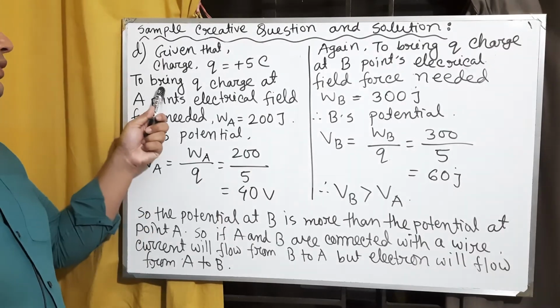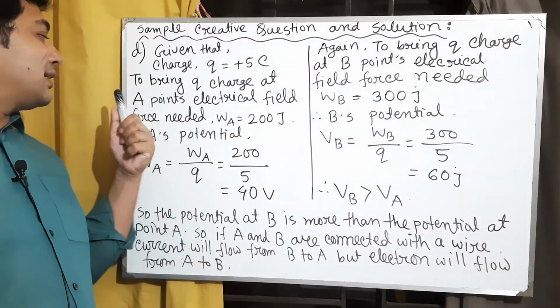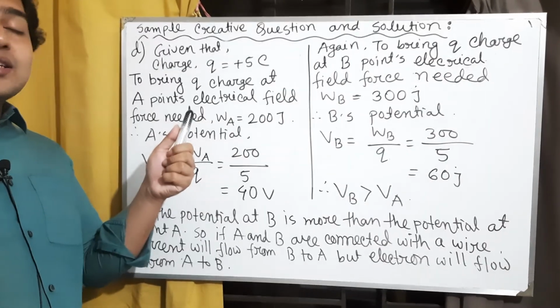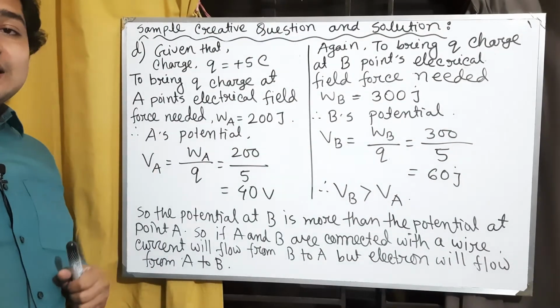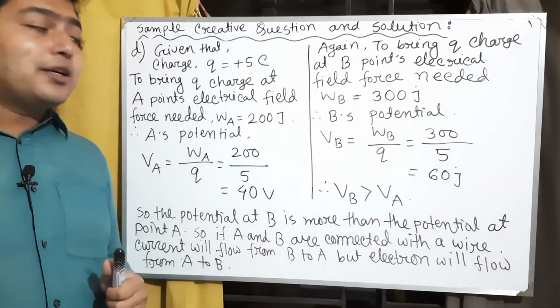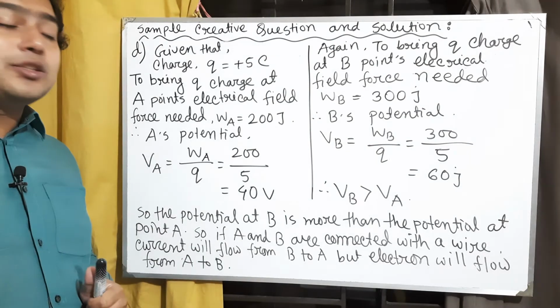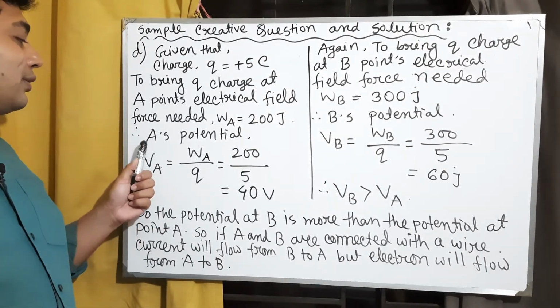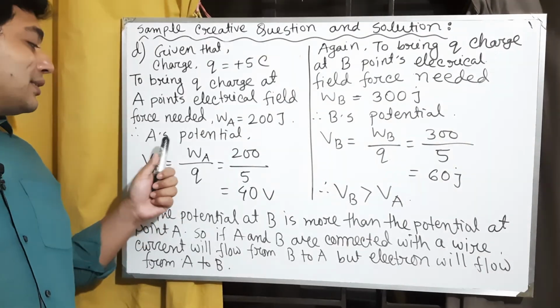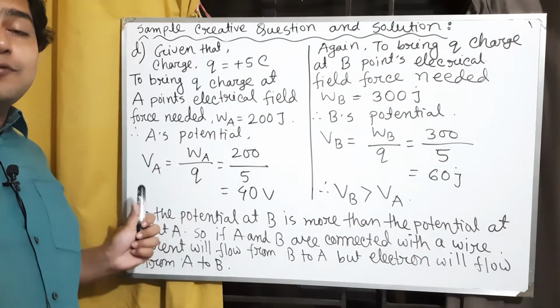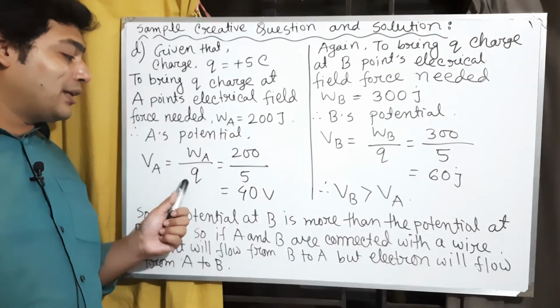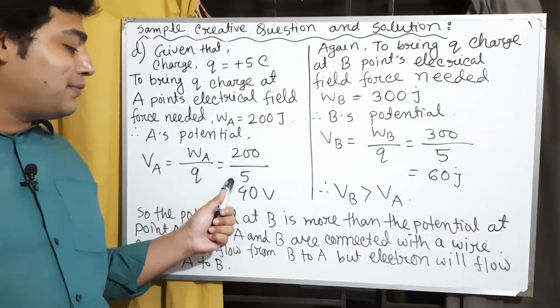To bring Q charge to point A, the electric field force needs work WA equal to 200 joule. So potential VA equals WA by Q equals 200 by 5.